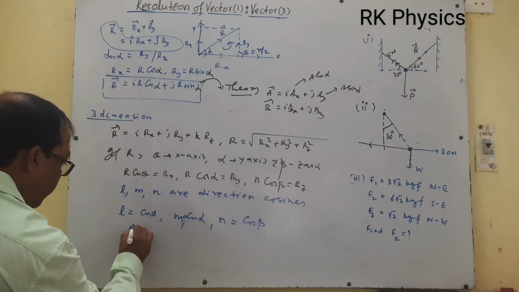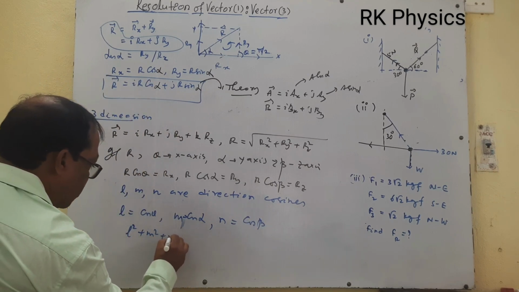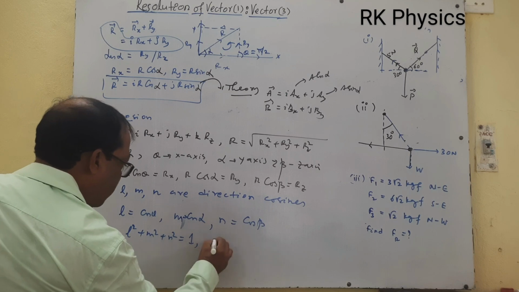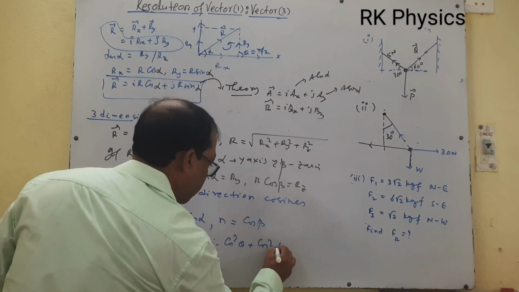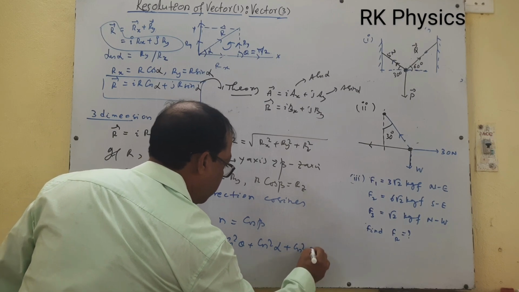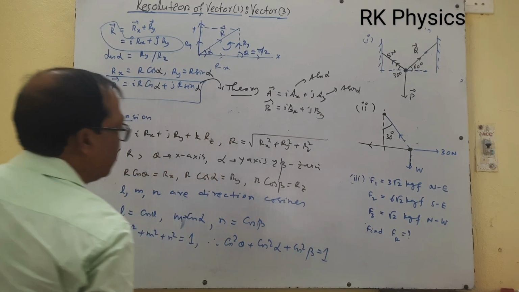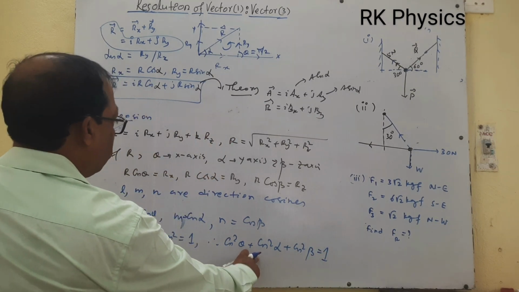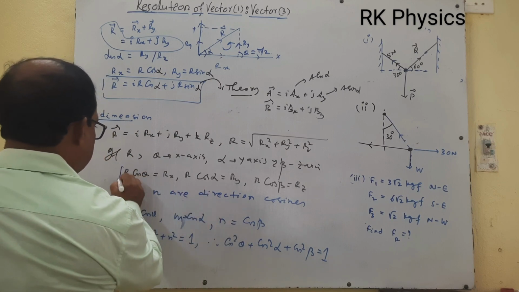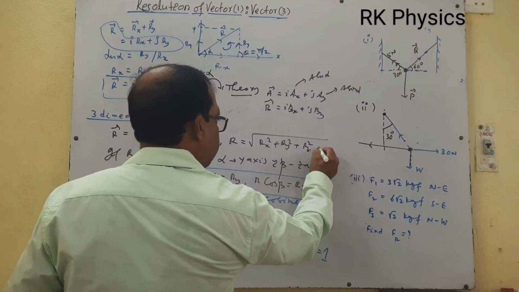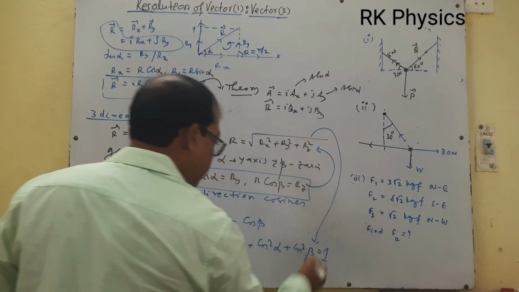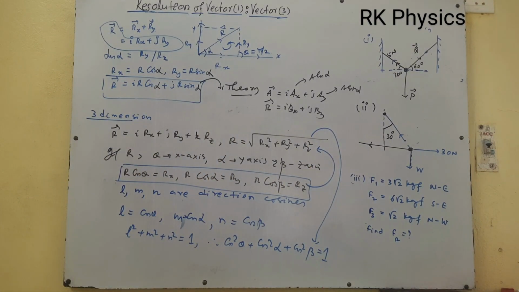Okay. What is L square plus M square plus N square? This is equal to 1. So therefore cos square theta plus cos square alpha plus cos square beta equals 1. You can prove this also by putting all these values. If you put all these values in this equation and after solving you will get the same value.